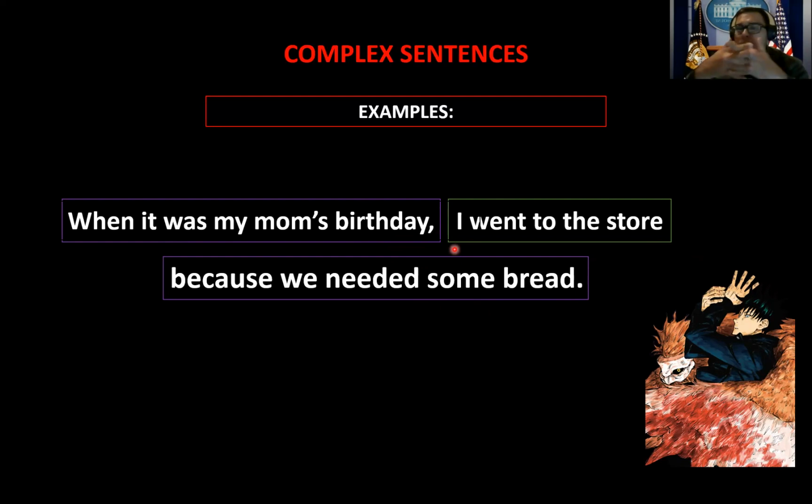There's nothing to join them together. So we're going to need to add a comma. But remember, if we have the independent clause like we have right there, and then we have the dependent clause, in that case, we do not need a comma. Okay? And that's basically it. That's all the information we have on complex sentences.